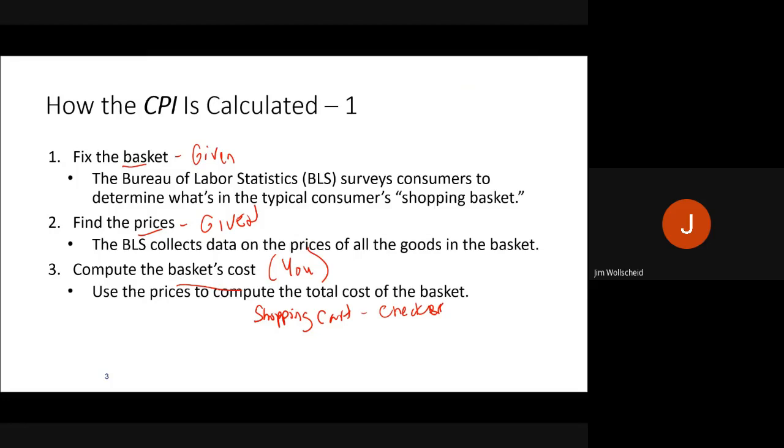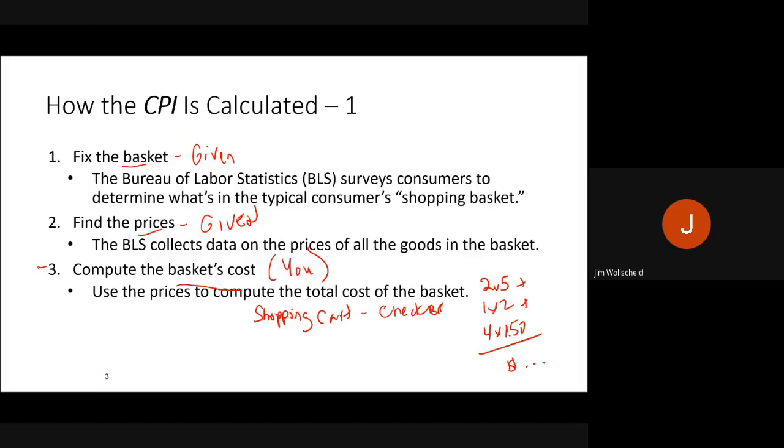So if I tell you there's 2 pounds of chicken and they're $5 each, you go, well, 2 times 5, plus 1 package of hot dogs, that's $2, plus 4 pounds of apples that are $1.50. All you would do is add up the basket cost, and you say, well, Dr. Walshire, the basket cost is whatever that price comes to be. So I will ask you to compute the basket cost, not hard.